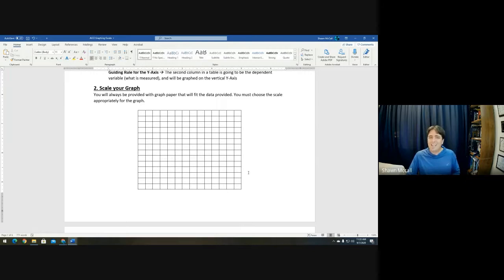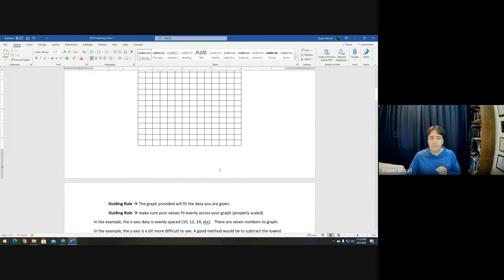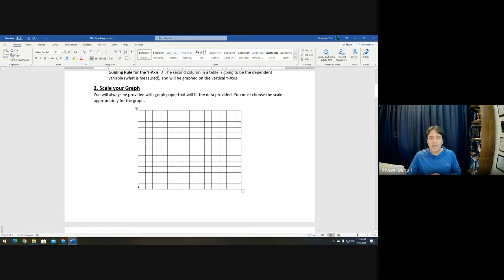You need to choose a scale that fits the graph appropriately. Now, there's a couple of things. Here are some guiding rules. The graph provided will fit the data, which we've already talked about. Number 2, make sure your values fit evenly across your graph. Properly scaled is essentially the concept. Let's say I only used this much of the graph to make my graph. You would lose points.